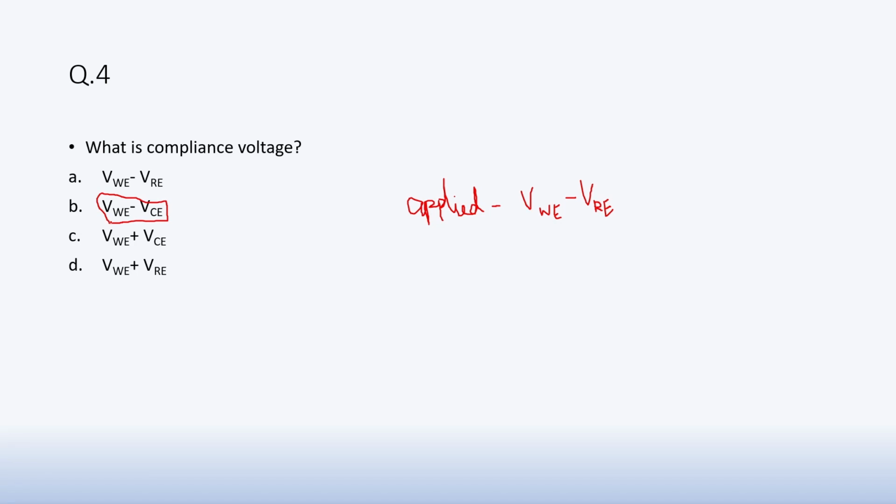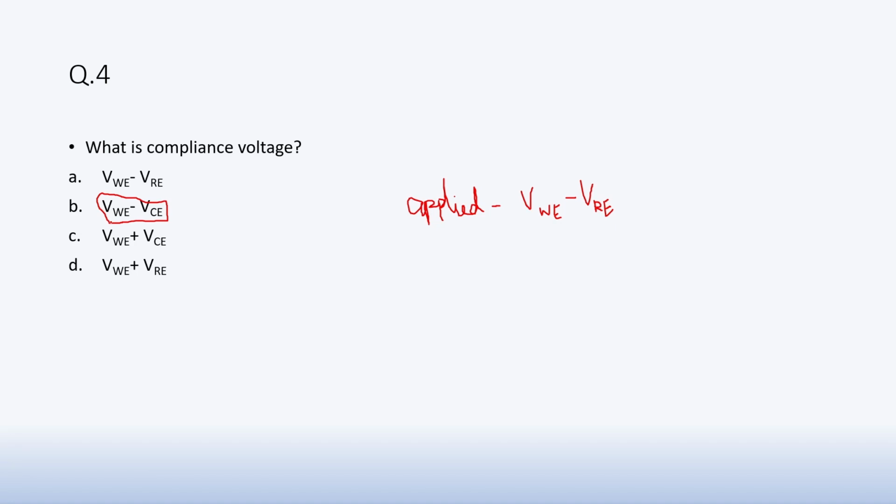Now why is this important? It is very important in the functioning of an equipment. If anyone is using a potentiostat, it will mention the current range it can work in, and along with that you can see something called the compliance voltage. Every equipment has a compliance voltage, the maximum difference in voltage in which you can work.